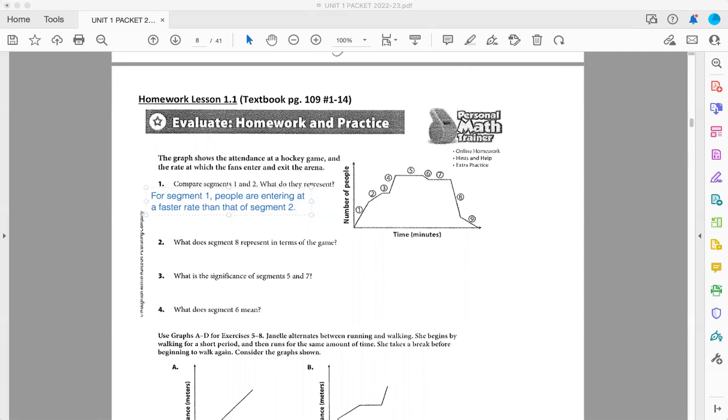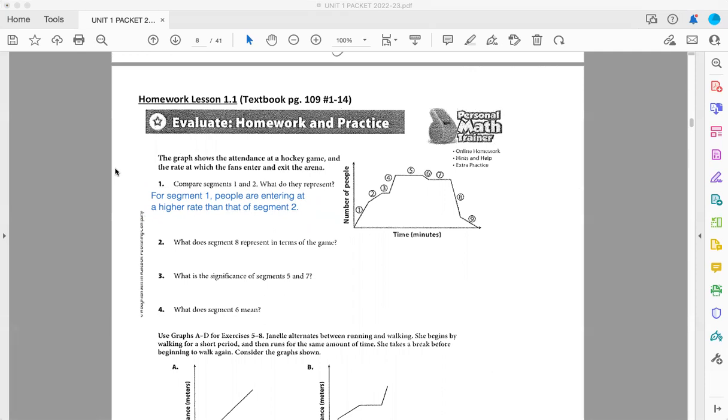So they're entering at a greater rate, at a faster, or I would say at a higher rate. At a higher will be nicer to say. At a higher rate, right? In more numbers. What do they represent? This is compare. We just said it. They represent how much, right? At what rate are people entering the arena?